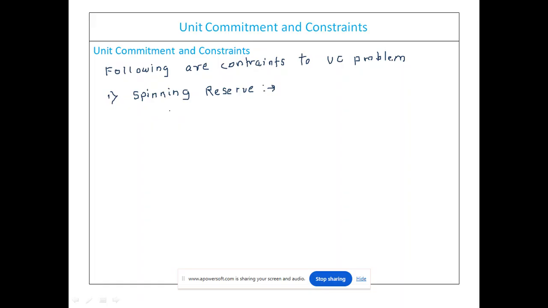Because of certain conditions, some units in a plant are reserved for ensuring a reliable operation.